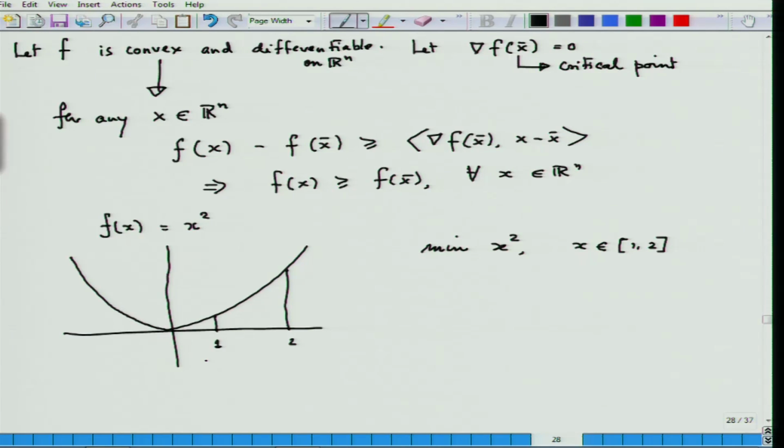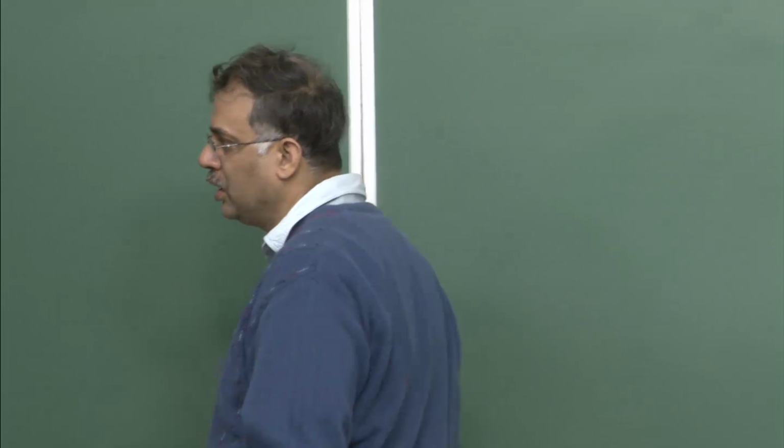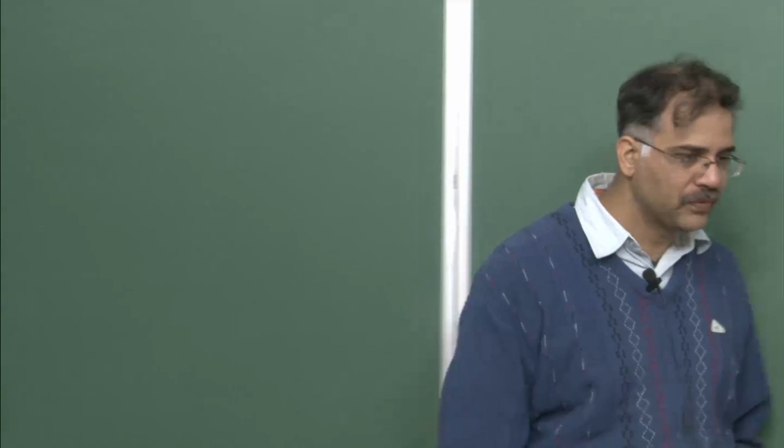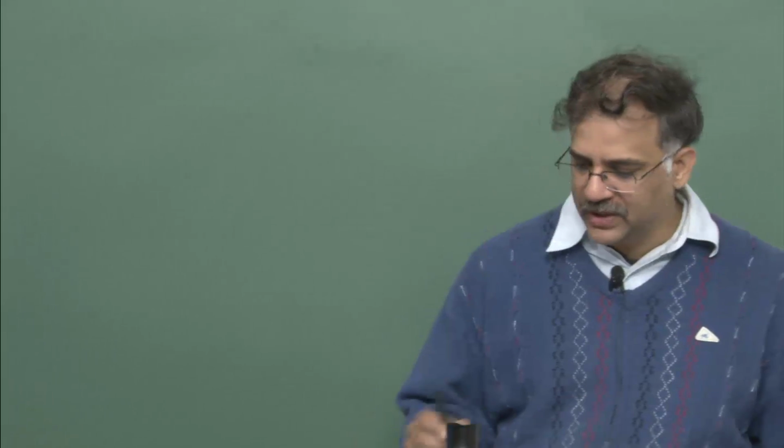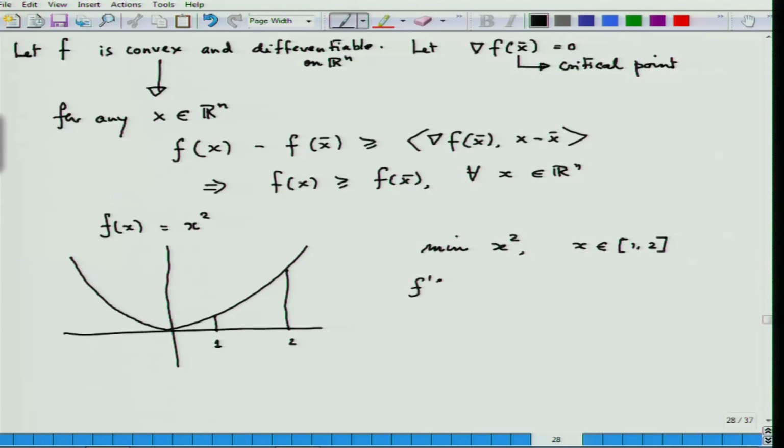It is clear that the minimum point here is achieved at the point 1. Yet, what is f dash of 1? It is 2, because the derivative is 2x. So f dash of 1 is 2, it is not equal to 0.